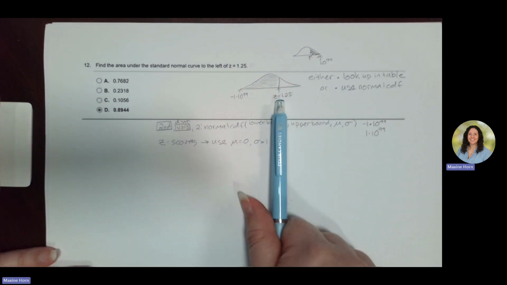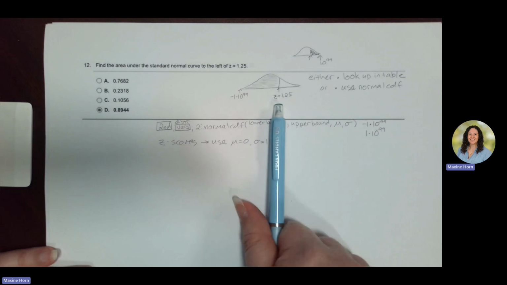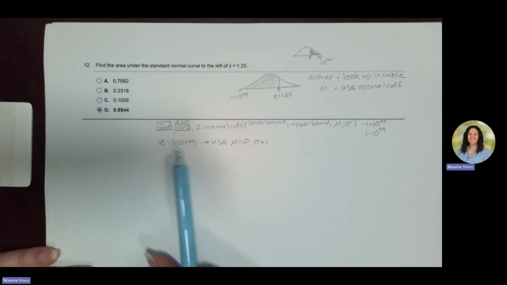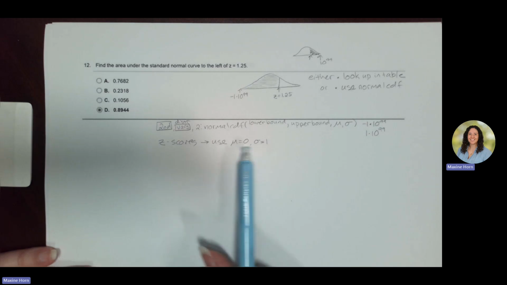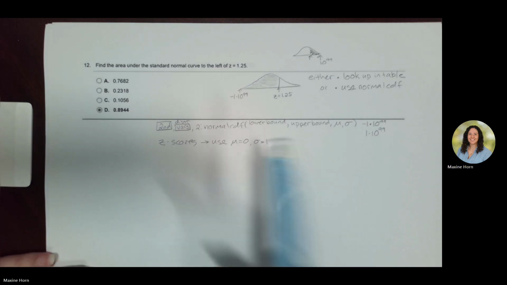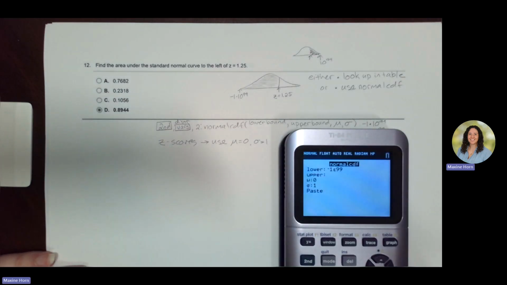The upper boundary of our shaded region is this z-score. Okay, so we put in the z-score, and because we're using a z-score, we have to have our mean as 0 and our standard deviation as 1. All right, so my lower bound, I'm going to leave -1e99, or if it wasn't written there, I would do -1 times 10 to the 99th.